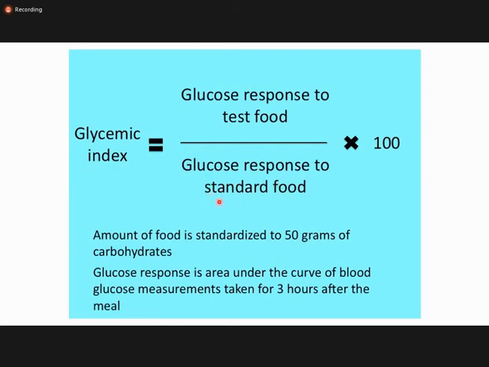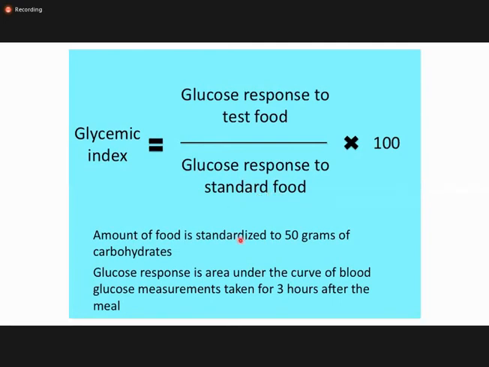Now, that standard food will contain approximately 50 grams of carbohydrates, and most of the time we take white bread as a standard food. Then we compare how much glucose is being raised by the oatmeal and how much glucose is being raised by this white bread that contains 50 grams of carbohydrates.